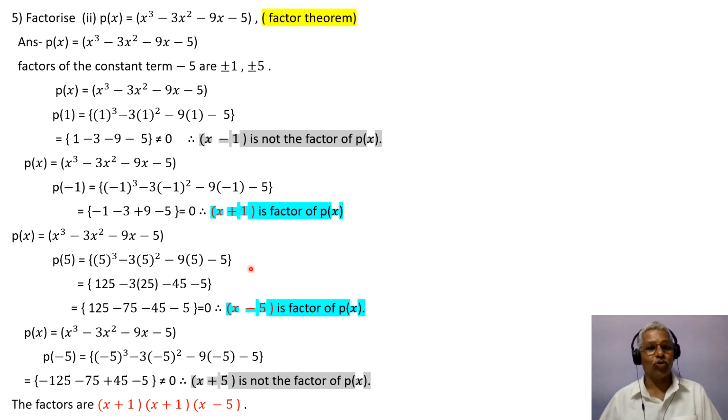It is very easy to guess which is repeating, because last term is minus 5. If you multiply this minus 5 with 1, you get minus 5, and again with 1, then only you get minus 5. So this is repeating. So the factors are x plus 1, into another bracket x plus 1, and last bracket x minus 5. These are the factors.